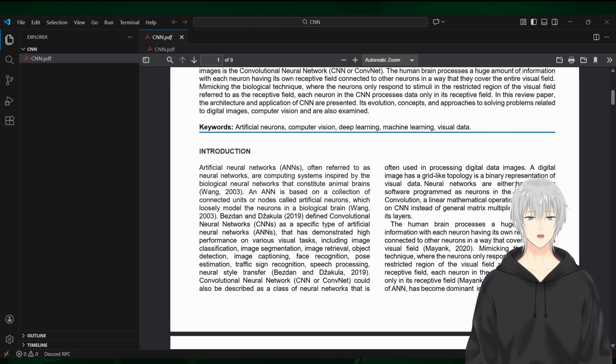Neural networks are either hardware or software programmed as neurons in the human brain. A convolutional linear mathematical operation is employed in a CNN instead of general matrix multiplication in one of its layers. Each neuron has its own receptive field connected to other neurons' visual field.